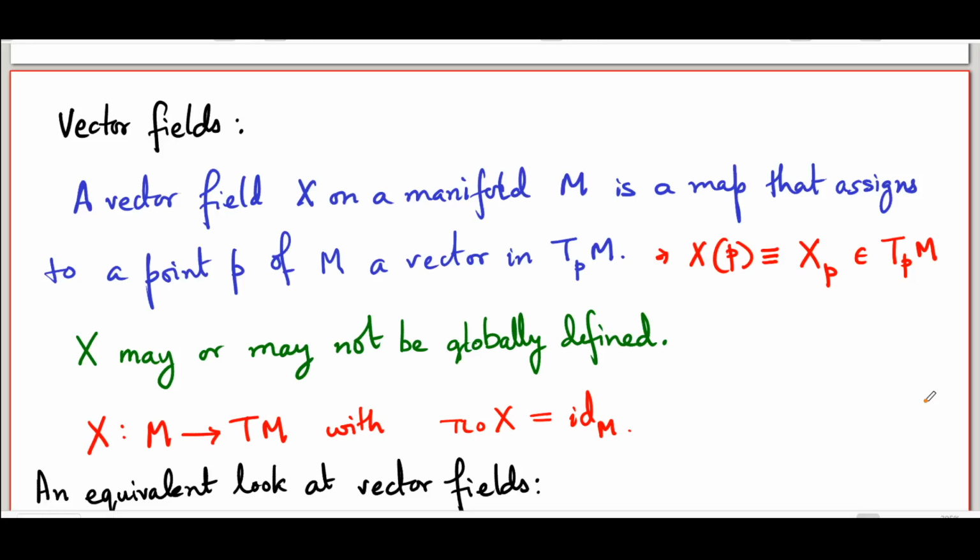Strictly speaking, we should perhaps use a slightly different notation for that one, maybe X tilde to remind you that it's related to X, but it's really a different map. We will not bother to do that. We will just use the symbol X for the vector field, no matter which avatar of the vector field we are talking about.